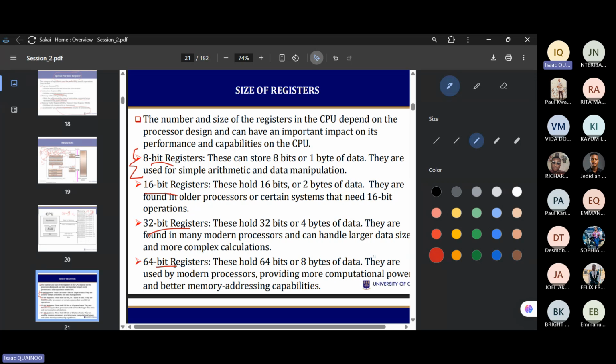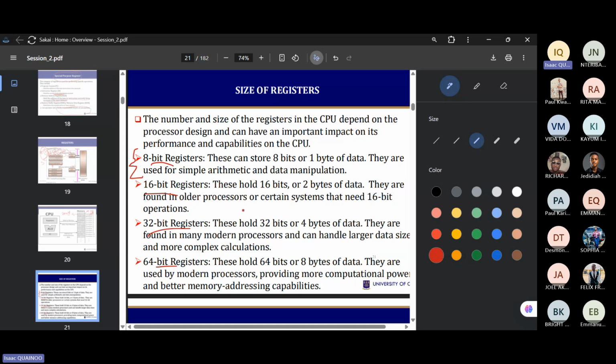So we have 8, 16, 32, and 64. 8 times 2 is 16, 16 times 2 is 32, 32 times 2 is 64-bit register.